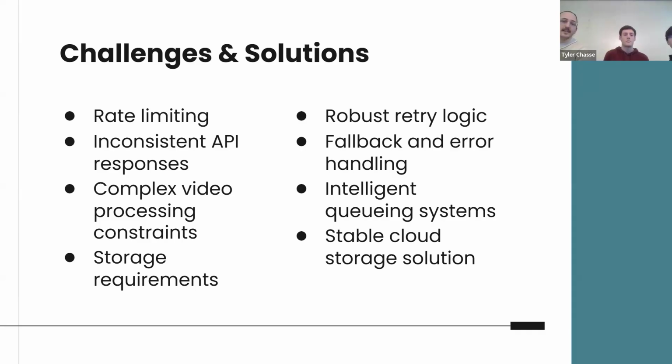We've also spent some time thinking about how to work on posting and scheduling things, and we've developed a pretty cool queuing system for that, which we'll show later as well. And also we had some issues with storage requirements with things like Go High Level, which TMT already uses, but we've used things like Cloudflare to circumvent our storage issues.